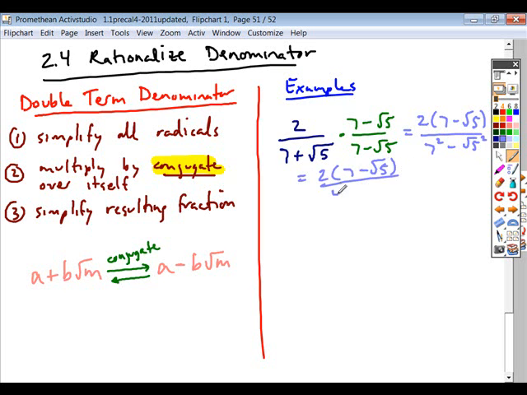Okay, and so if I take 7 squared and then root 5 squared is just a 5, I get my final answer in this form: 49 minus 5. Now, when I look at this last step here of simplifying, are there any common factors I can remove? This factor of 2 out front reduces with 44, leaving your answer 7 minus root 5 over 22.